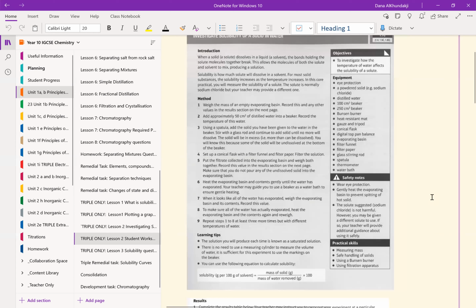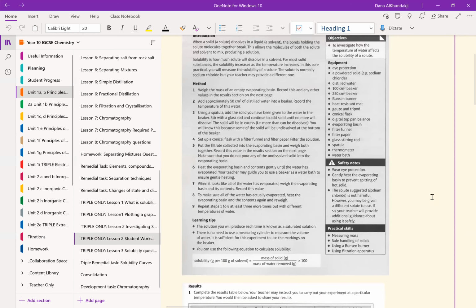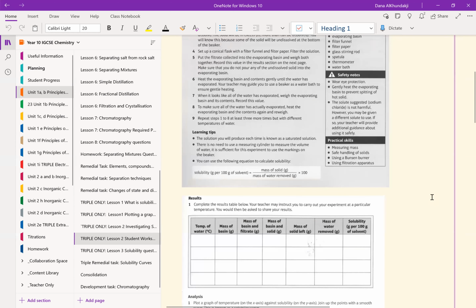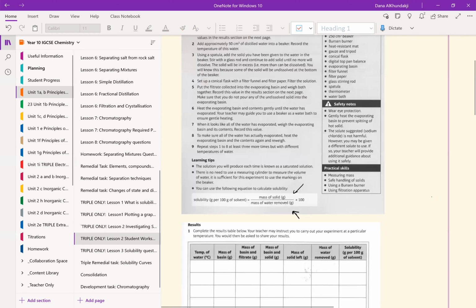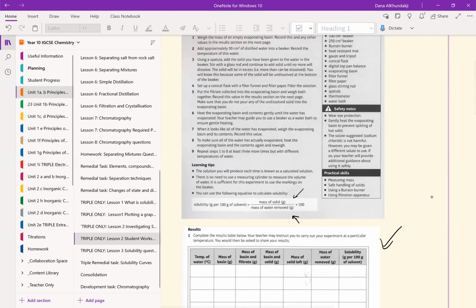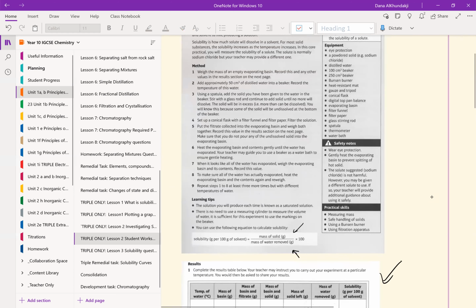You can read through the steps with the equation of the mass of the solid divided by the mass of the water for the solubility. And as we conducted it, you don't have to do the data, but I would like you to go through these steps, which is basically weigh the mass of an empty evaporating basin and record this.